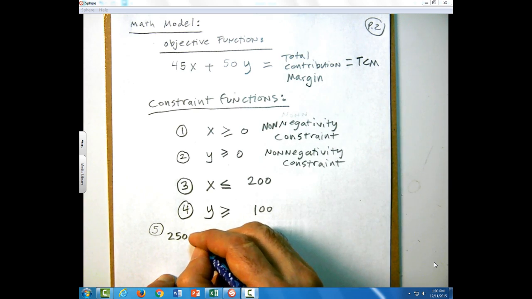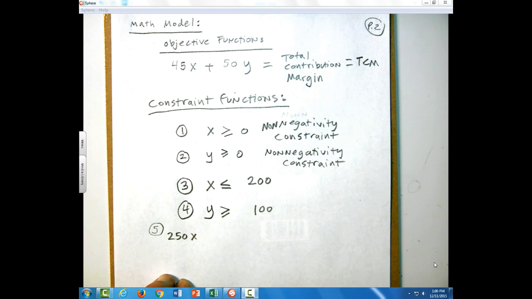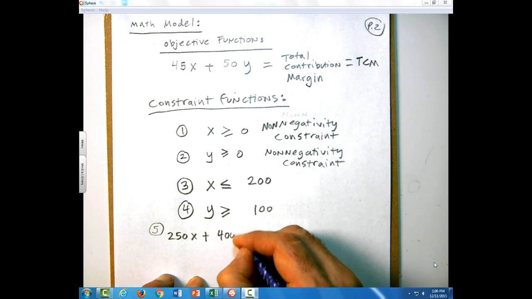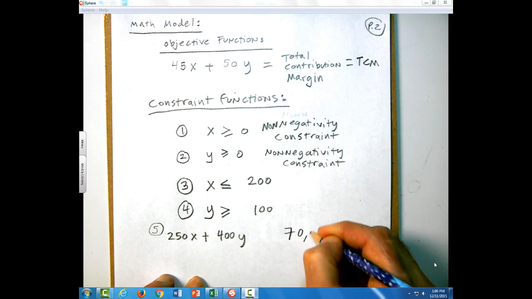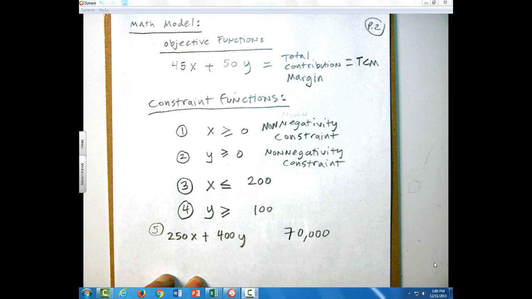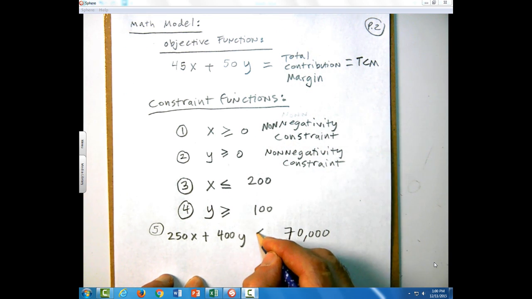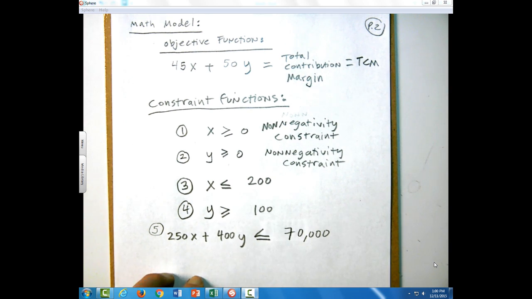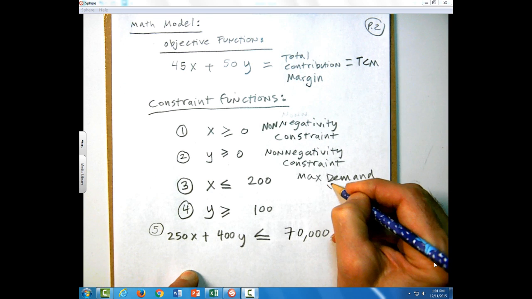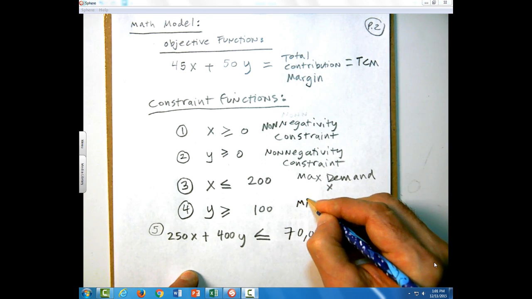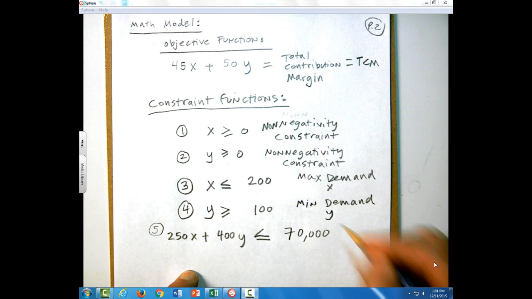So I say 250 times the number of units sold for X plus 400 bucks, that's the cost of goods sold for 1 unit of Y, times Y. And then the upper limit is 700,000, so the biggest that this can be is 700,000. So this can be less than or equal to. Now I didn't write, this is the max demand for X, and this is the min demand for Y.